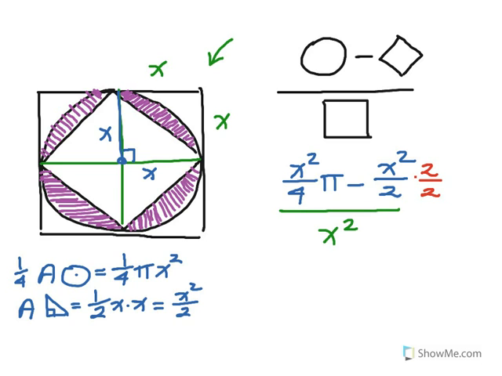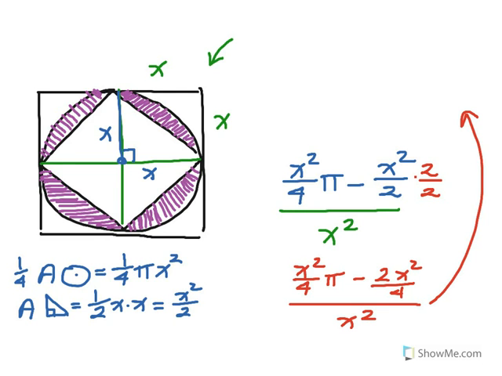So now I have x squared over 4 times pi minus 2x squared over 4, and that is still all over x squared. So continuing on, I now have x squared times pi minus 2x squared all over 4, and that's divided by x squared. So let's call that times 1 over x squared.